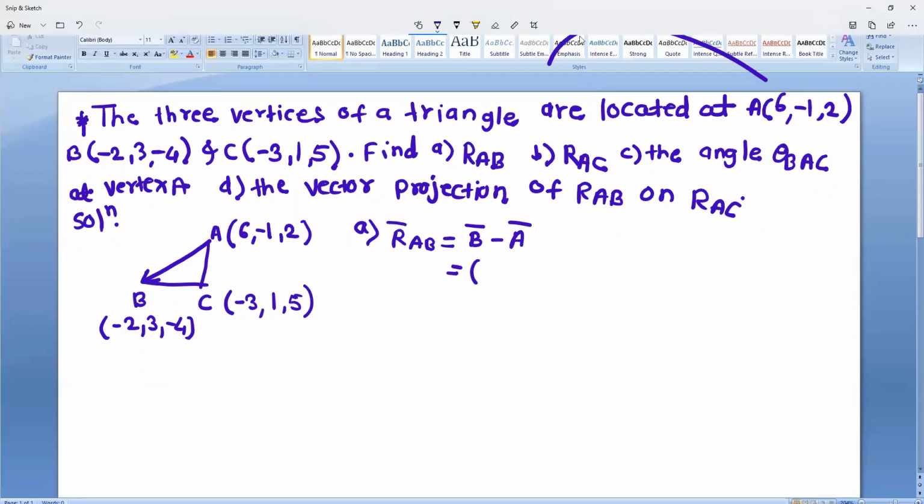Vector B bar in Cartesian coordinate system? Yes, be fast. -2.